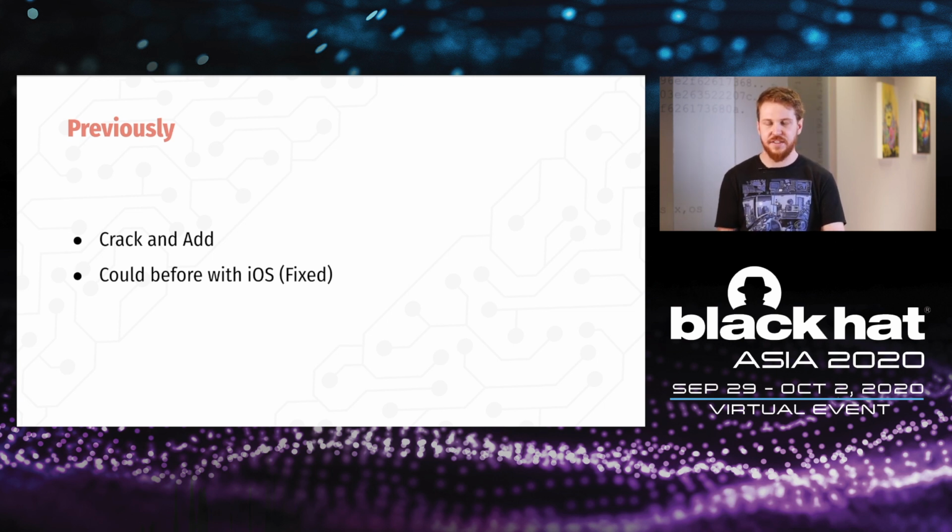With iOS devices, which is now fixed, by the way, you could do the same thing, and iOS was not validating that final part of the challenge response. So iOS, Mac, whatever.